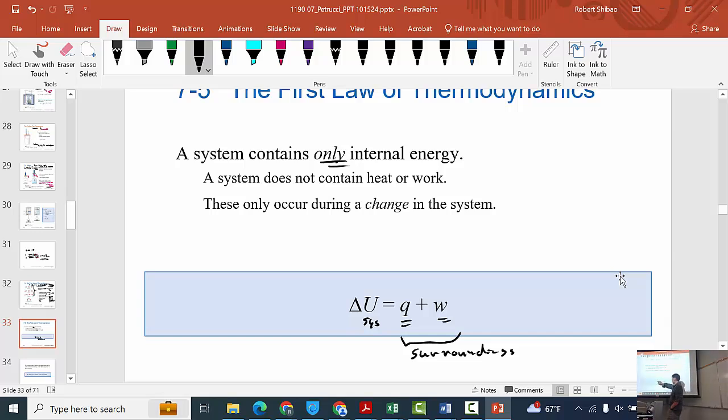If your system gains energy, then the surroundings lose that energy in terms of heat and work. So this is the energy exchange with surroundings, and it's in terms of Q and W.